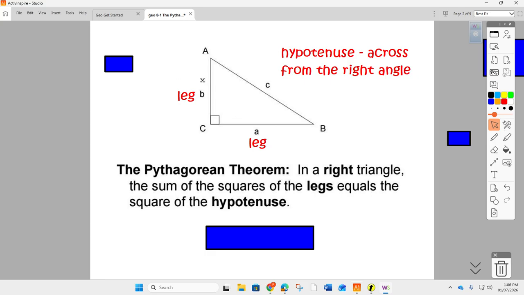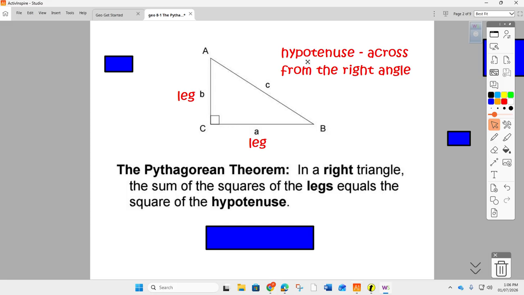So the length of segment AC is B, the length of segment CB is A, and the length of segment AB is C. When we talk about it, we're talking about the lengths of the sides of the triangle. So far, so good?